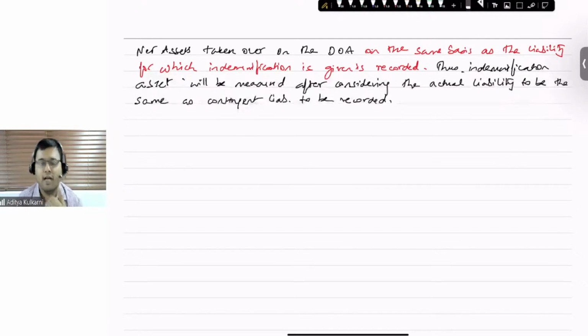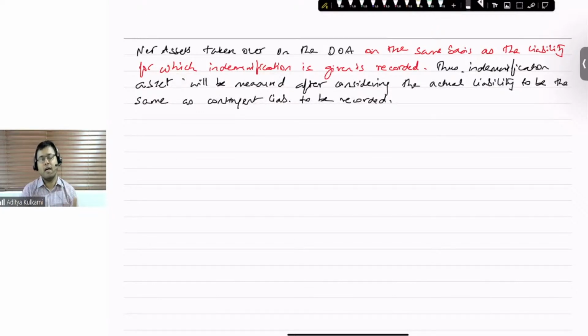So suppose the contingent liability is say 100 and your indemnification contract says whatever is the contingent liability, we will indemnify it. So you will recognize the contingent liability at 100 as well as the indemnification asset at 100. Suppose they say that whatever be the liability, we will be reimbursing only 100 to you.